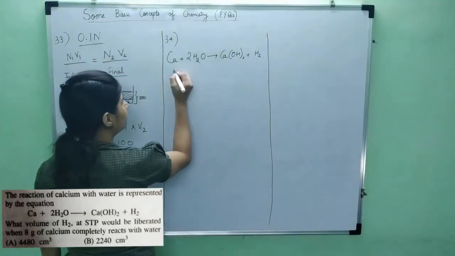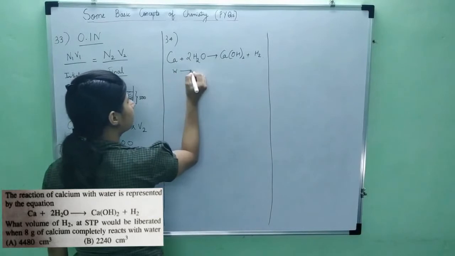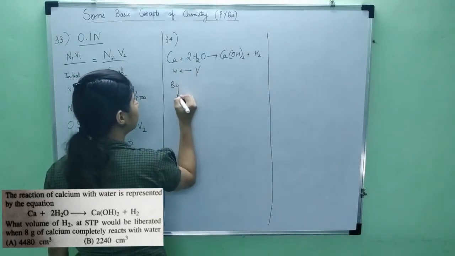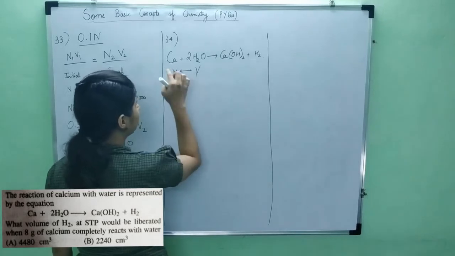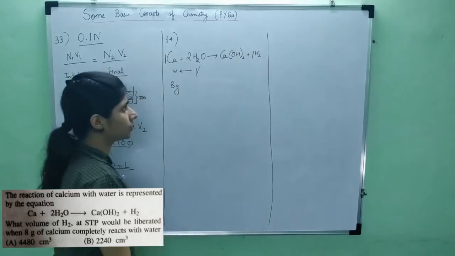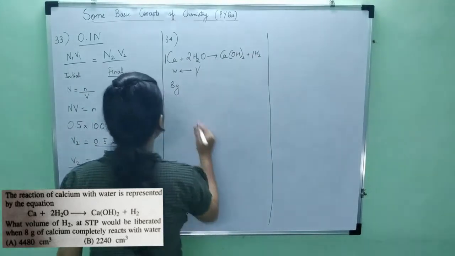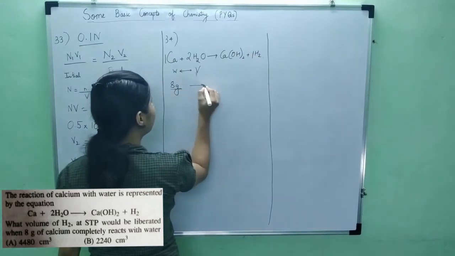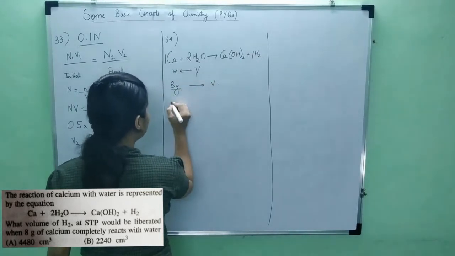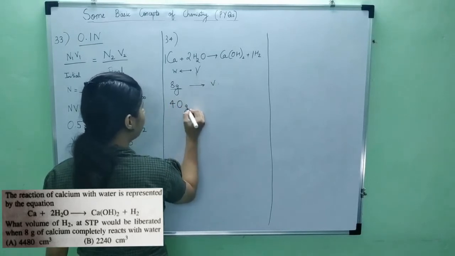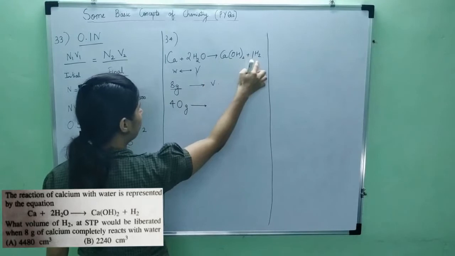Okay, so again this is weight versus volume. 8 gram of calcium is reacting with water. If you see the stoichiometry of hydrogen and calcium, it is 1:1, right? I know the molecular weight of calcium is 40. So 40 gram, if it reacts, how much will it give?